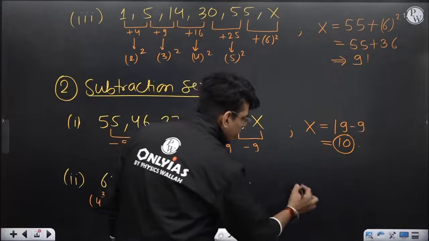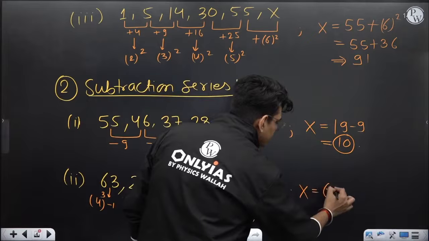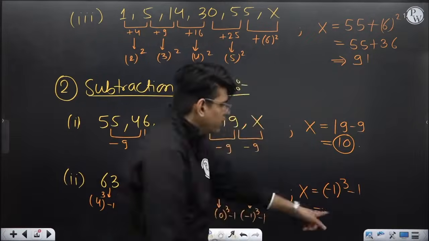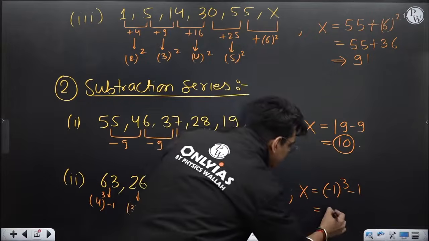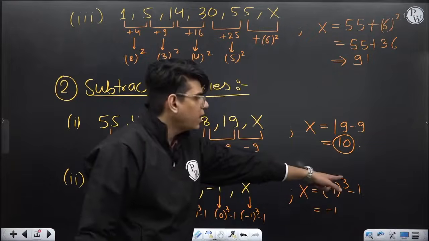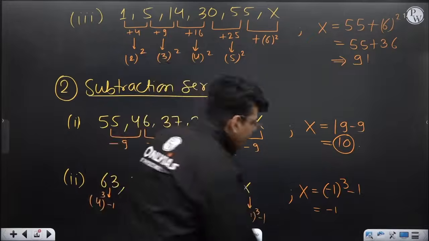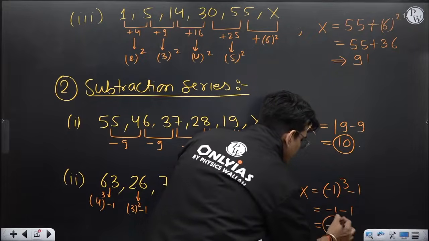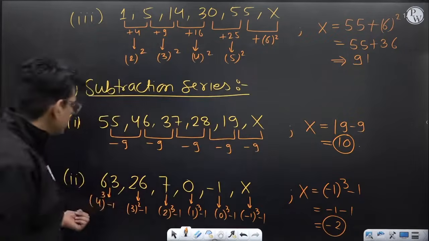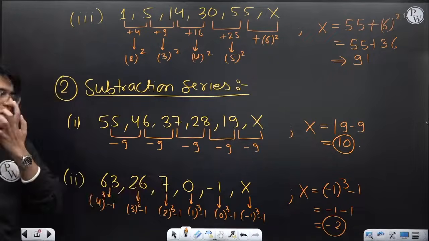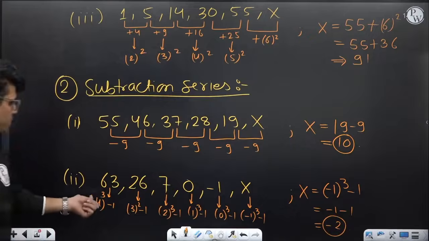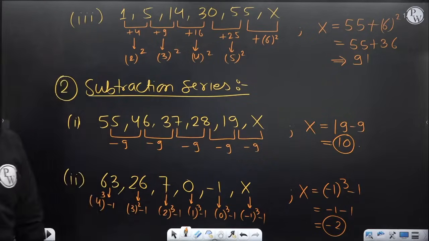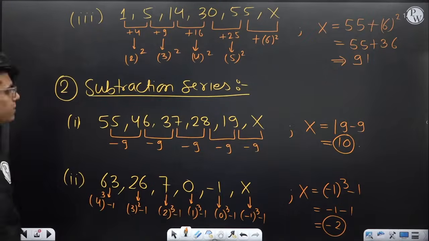So from here, x is nothing but minus 1 cube minus 1. Minus 1 cube is nothing but minus 1, since a negative number to an odd power is negative, right? Minus 1 minus 1. So x will be nothing but minus 2. So we can get a series based on subtraction like this also, where each term uses some cube, and from every cube they are reducing 1. This is one of the possibilities.